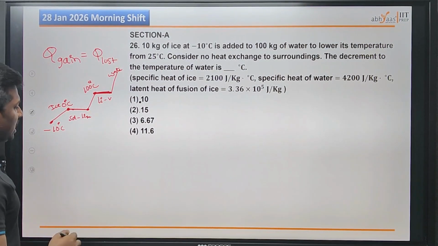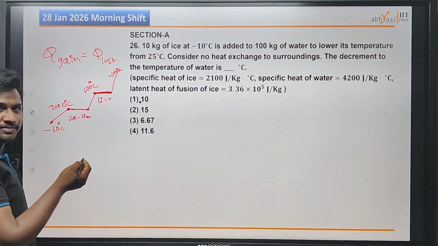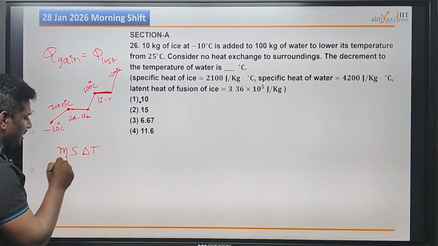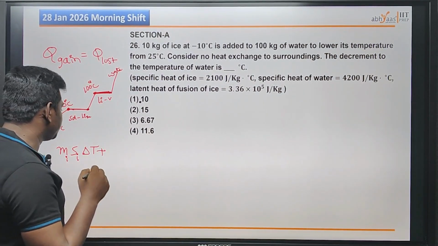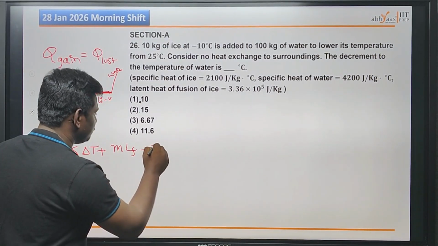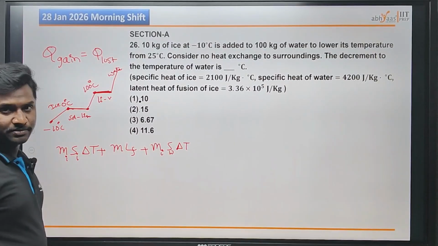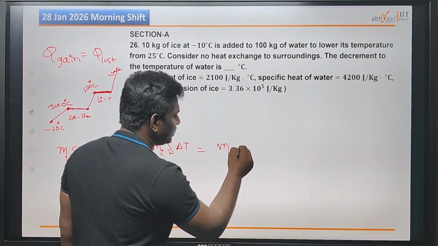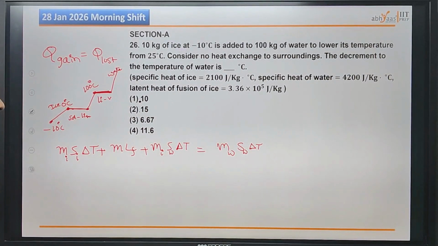So Q gain equal to, I am writing Q gain: first, heat taken by the ice, that is MS delta T, with the specific heat of ice, plus state change, that is ML latent heat of fusion, plus MS delta T. This is for water. Next, heat lost is equal to MS delta T, weight of water and specific heat of water and delta T. This is your equation.